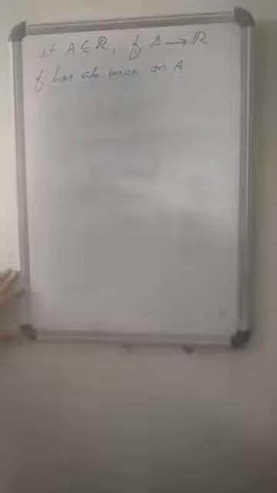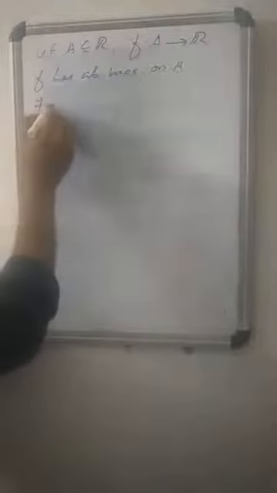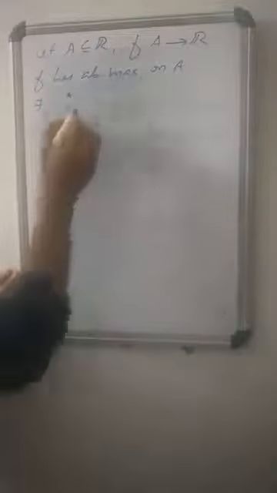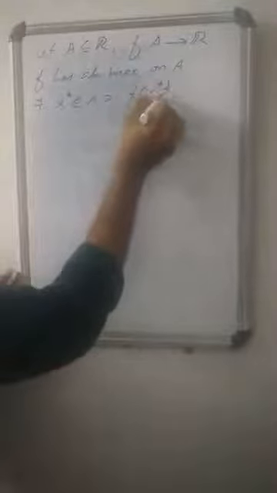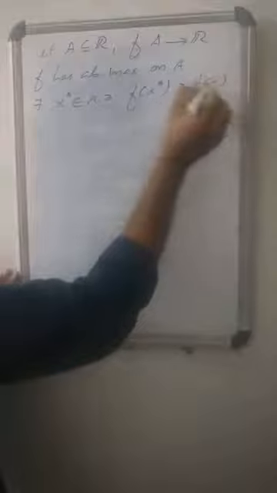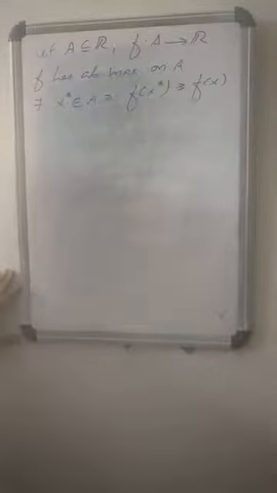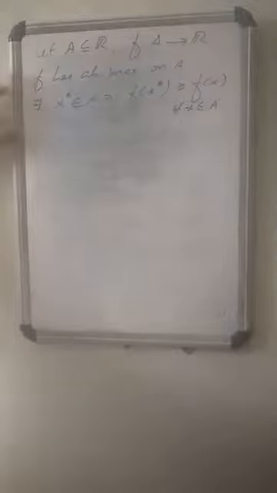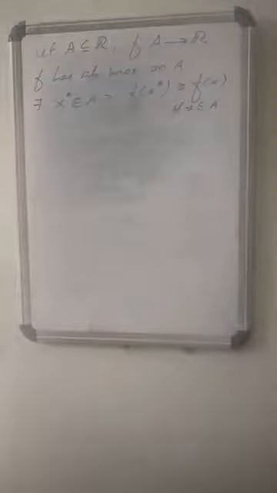if there exists a point x star in A such that f of x is less than or equal to f of x star for all x in A. Then x star is said to be the absolute maximum point for the function f on A. The definition is important.